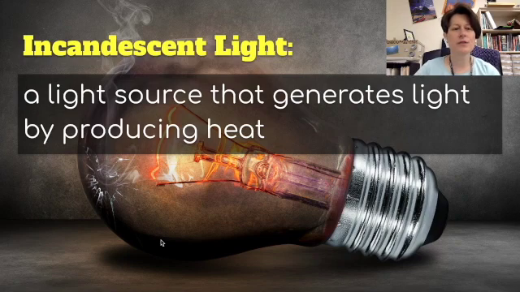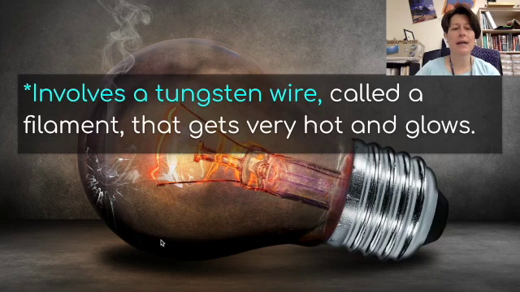The first type of artificial light source I want to talk about is incandescent light bulbs, because they are the oldest. This is a light source that generates light by producing heat. If you still have any of these in your house, these are the light bulbs that get really hot. It involves a tungsten wire called a filament that gets very hot and glows.